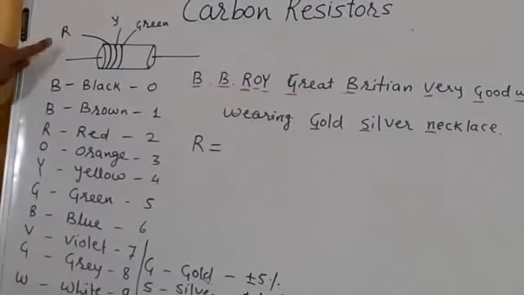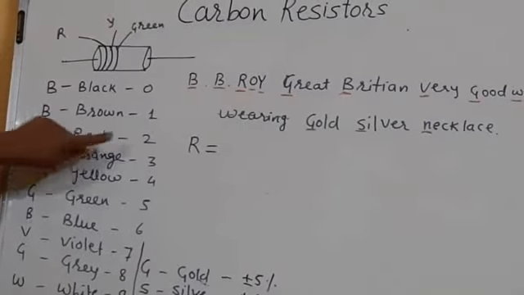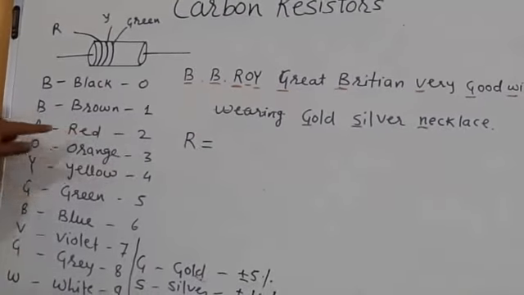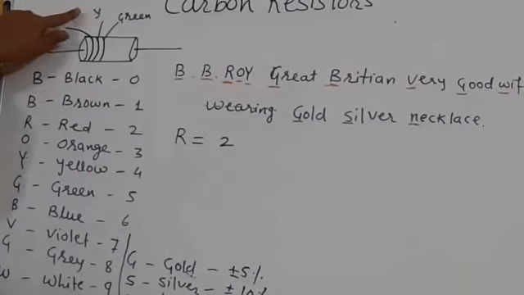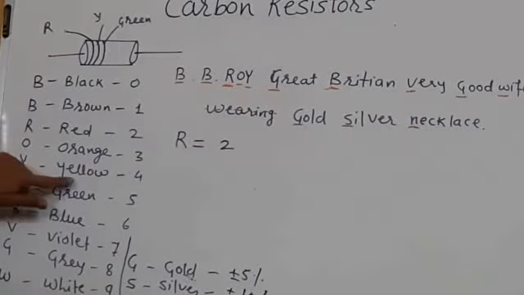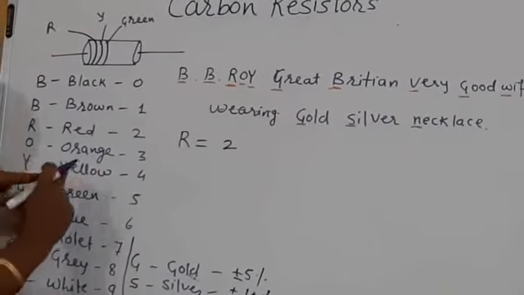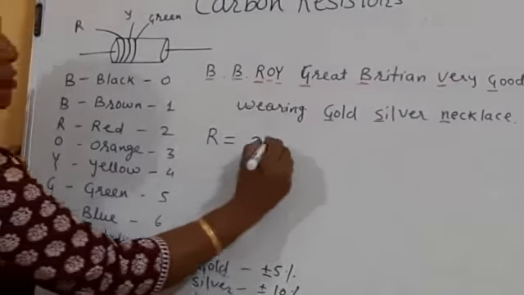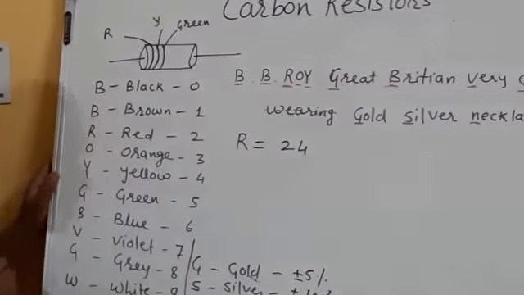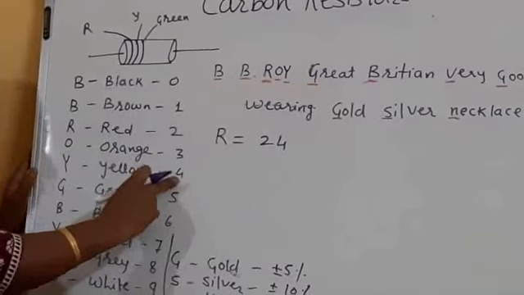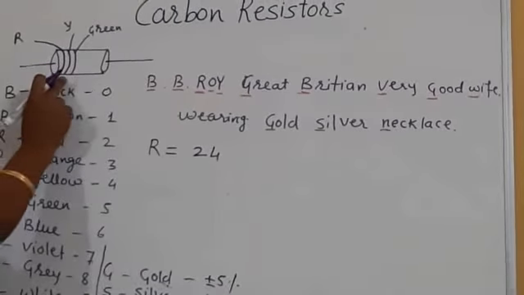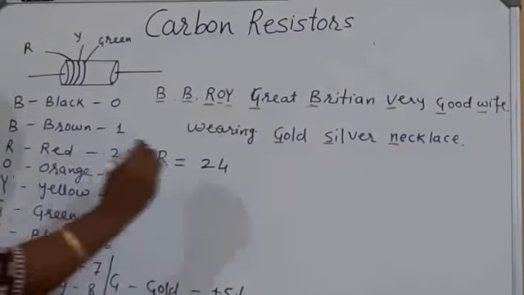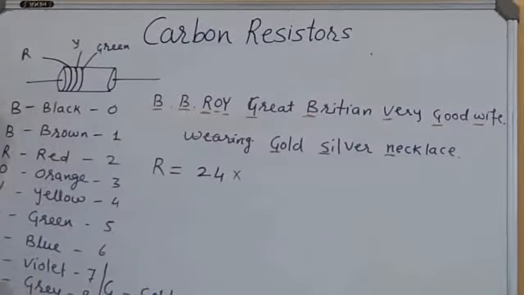Red is 2. So red represents the tens digit. Then yellow is 4. Yellow has the value 4. So 4 represents the ones digit. This means the first two rings represent the tens and ones digits always.